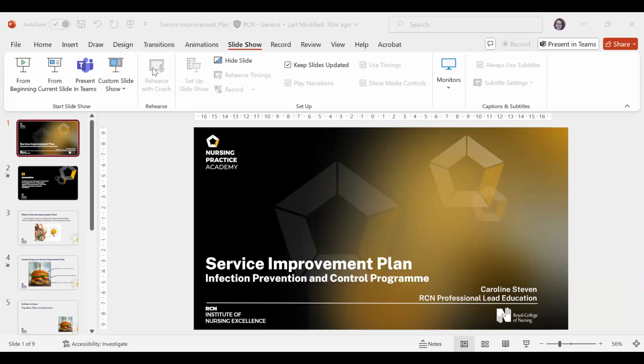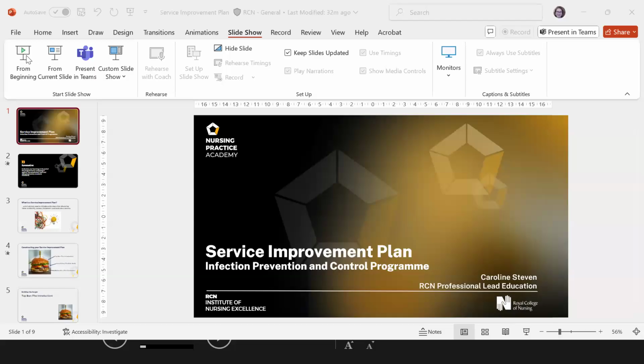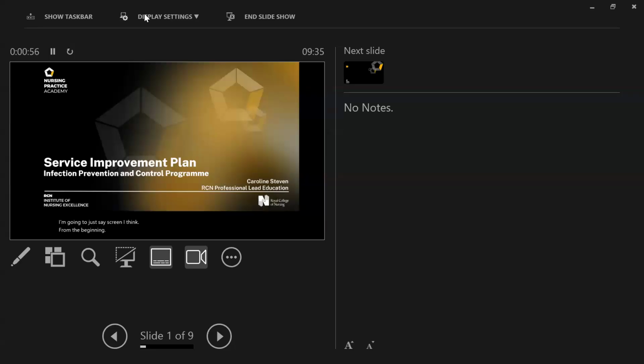Of course, I work with two screens, so on one screen it seems to be in slideshow, and on one screen it doesn't. I'm going to do it a different way. Sorry about this. Crystal's on hand. I'm going to just do screen, I think. So what can you see just now?